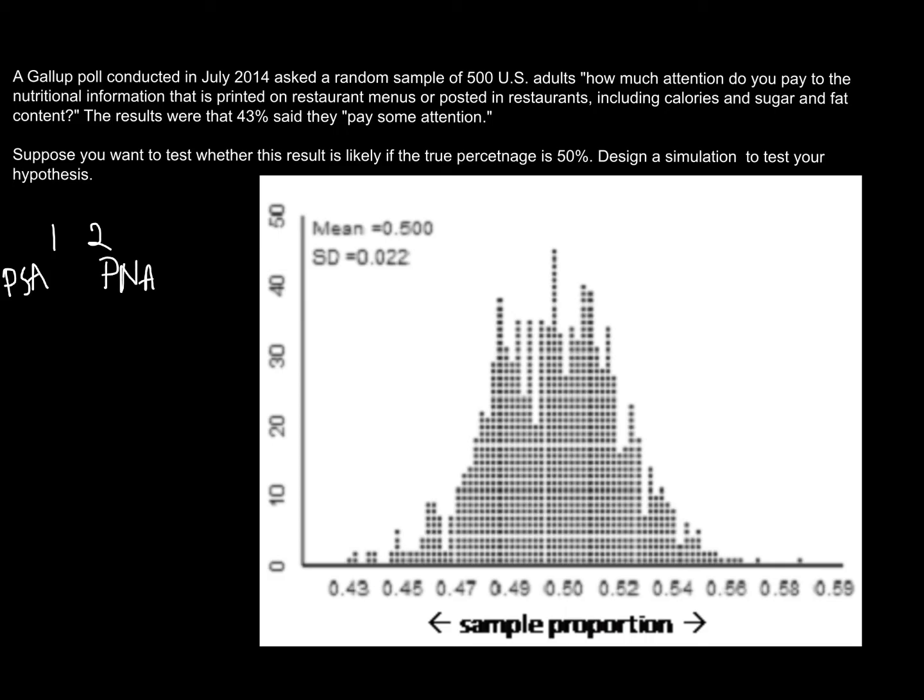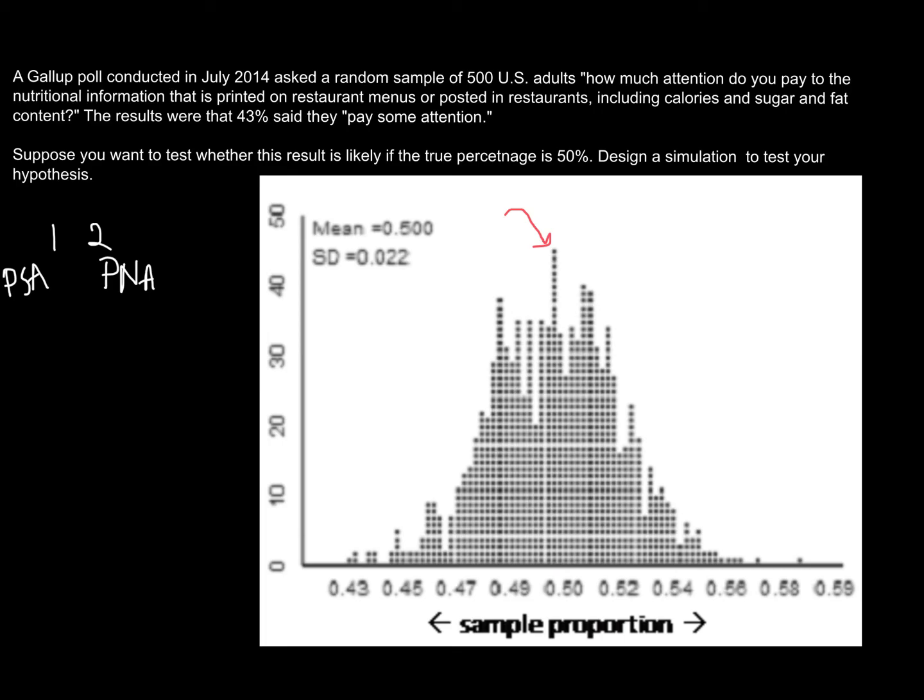And this was the proportion that said that they paid some attention, right? So for example, if I look at this dot right here, that would represent one of these trial runs in which the sample proportion was, it looks like 50%. Very close to 50%.